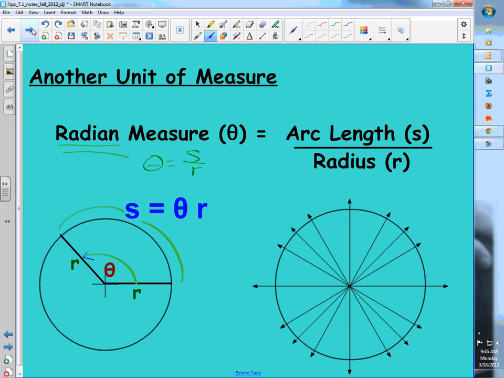Now, a different type of measurement is called radian measurement. Radian measurement is just different. So radian measurement we use a lot with trig. And with our trig values, you're going to find that you need to be able to do this without a calculator. You've got to be able to add and subtract fractions without a calculator. Those of you who rely on it, do yourself a favor.